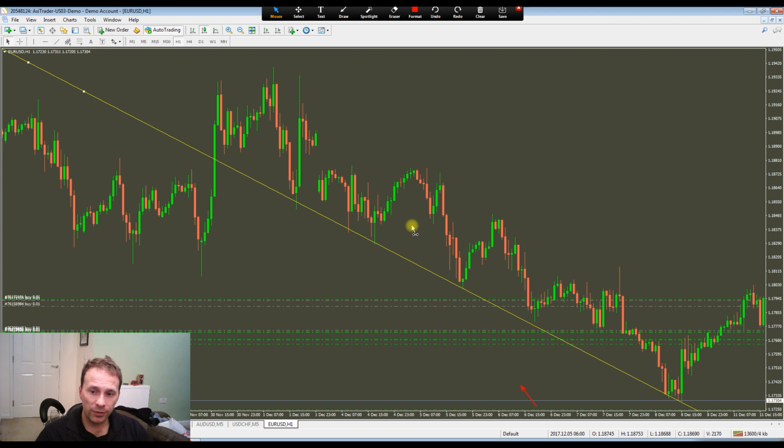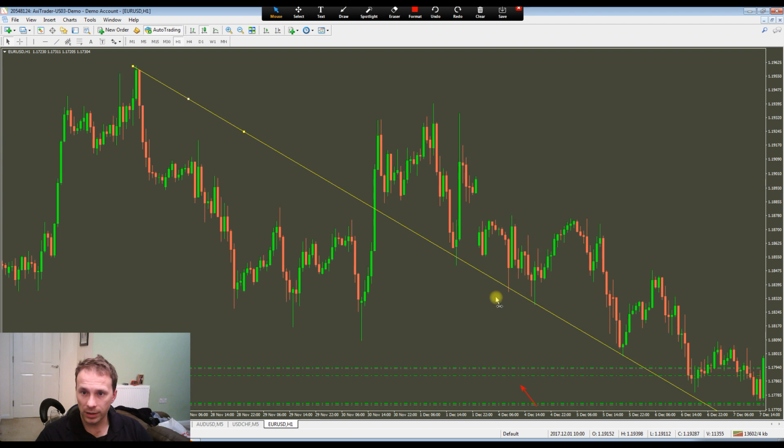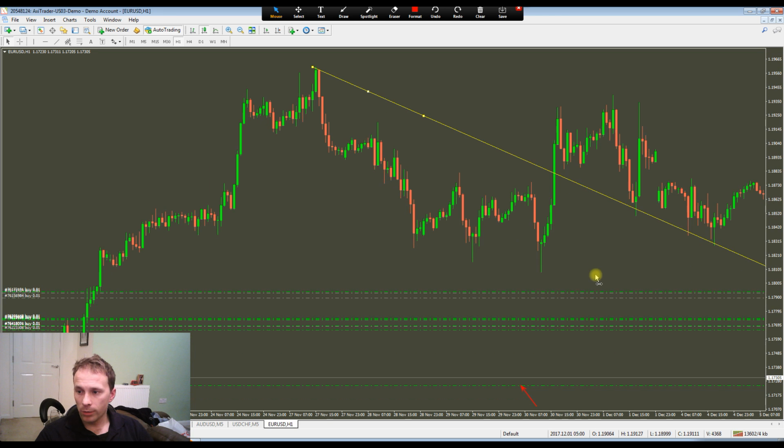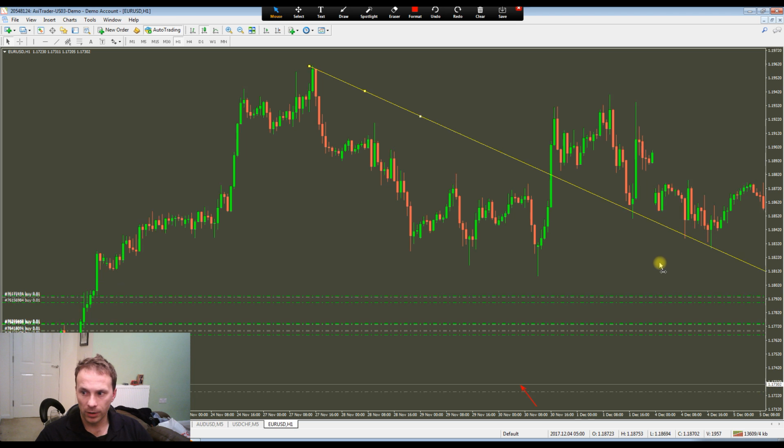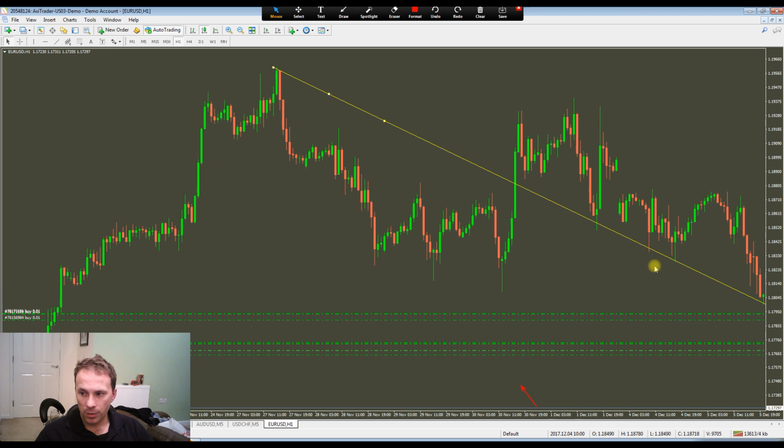So when I've drawn my trend line here, I'm thinking, cool, it's quite a strong trend line because it's bouncing off it. I see the price come back down at this trend line, and that there is price action because the price is reacting off this trend line.